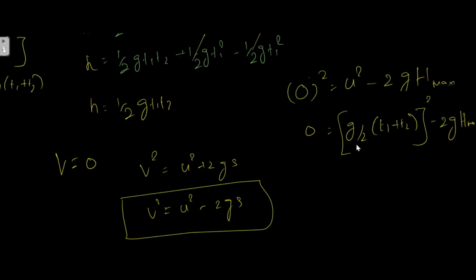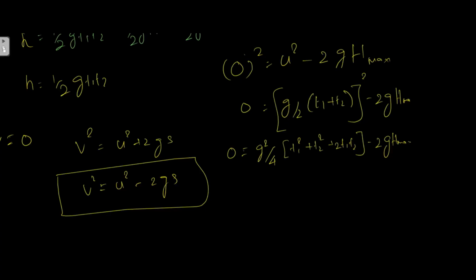Clear? Elaborating this, 0 equals g squared by 4 (t1 square plus t2 square plus 2 t1 t2) minus 2g h max. Clear? So 2g h max equals g squared by 4 (t1 plus t2) the whole square.